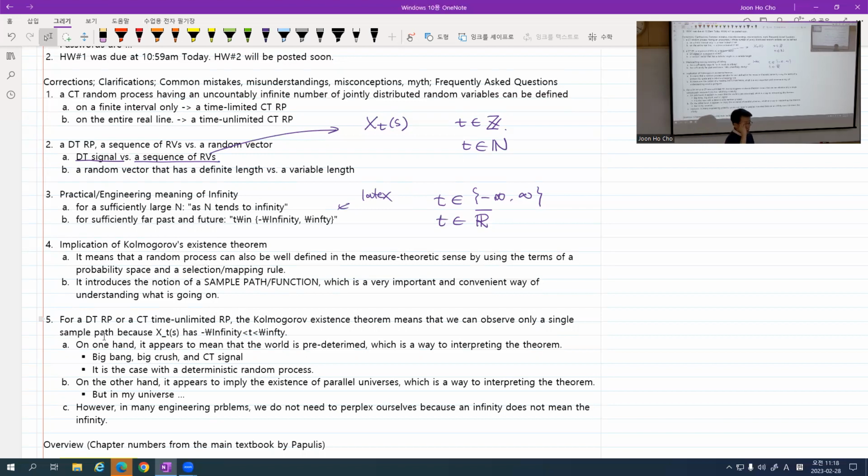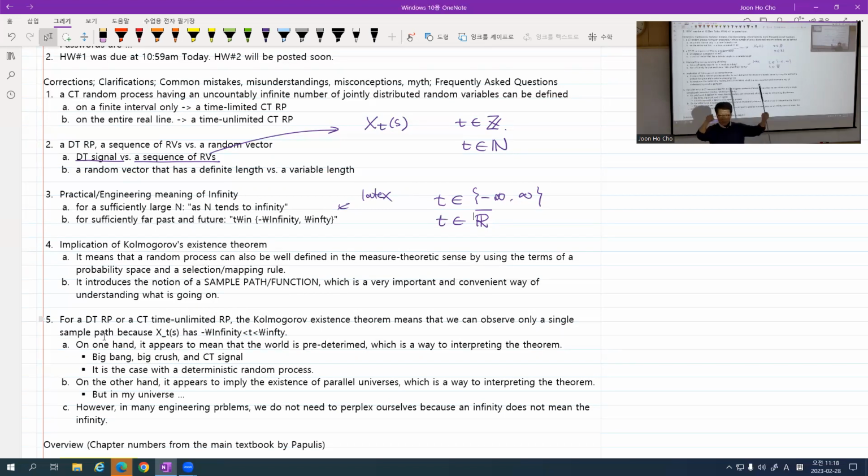For example, defining a random variable measure theoretically is very straightforward. You have a random experiment that generates some outcome, and this random experiment or random source is governed by some abstract probability space.